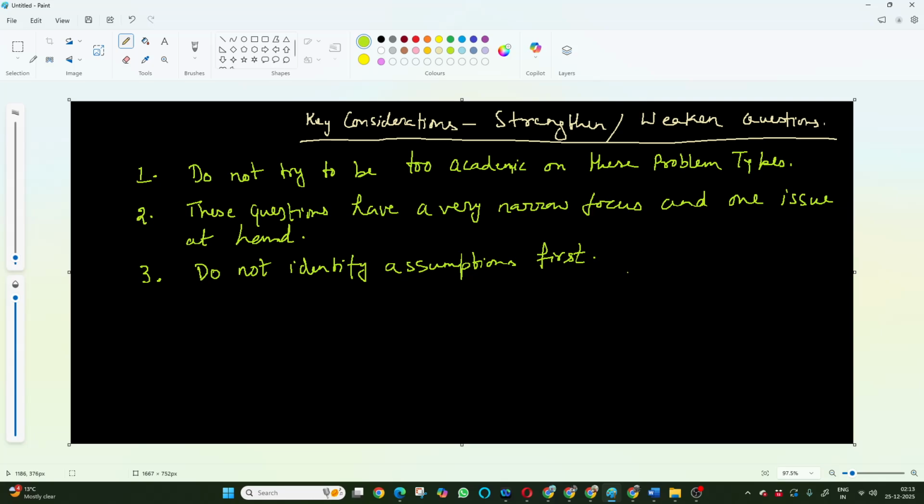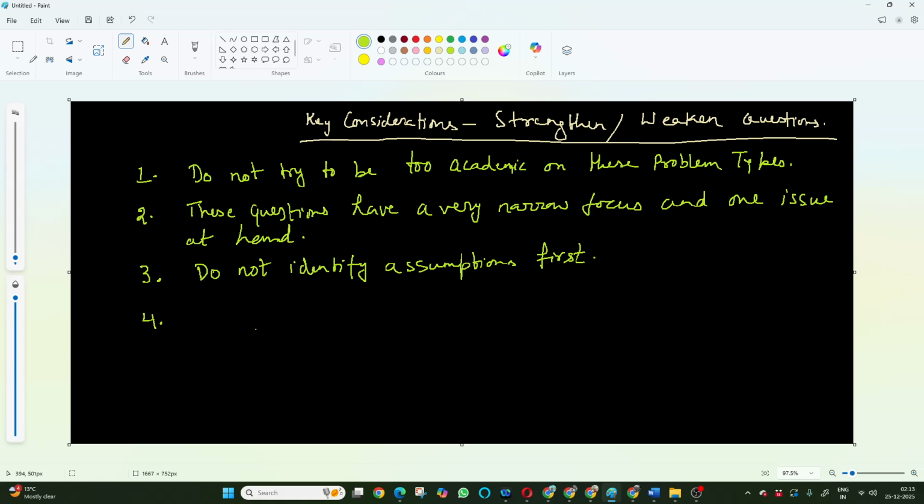So, why would you want to complicate things by turning a weaken or strengthen question into an assumption question first and then going about weakening or strengthening? So, steer clear of finding assumptions, and just address the issue at hand that we talked about in point number two. All right.